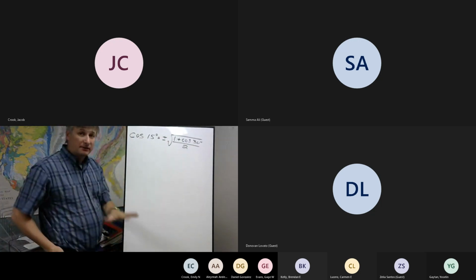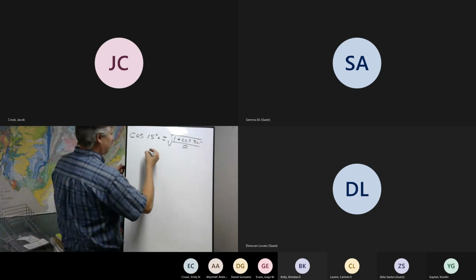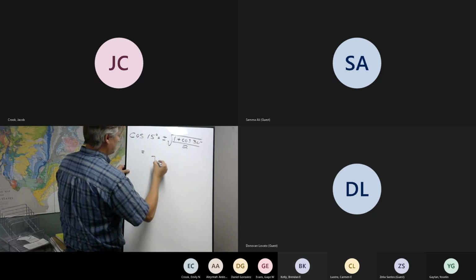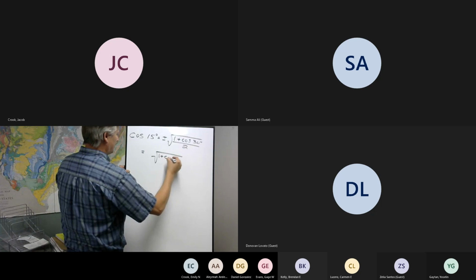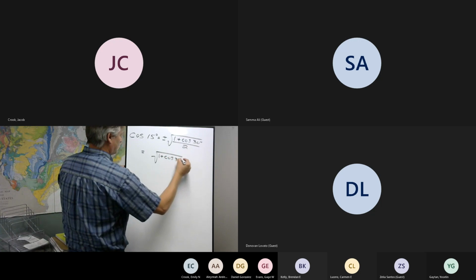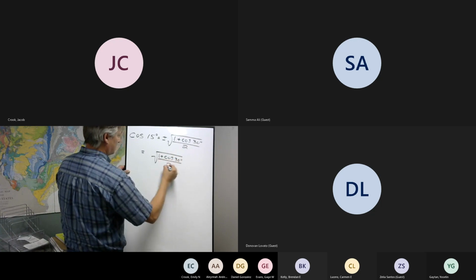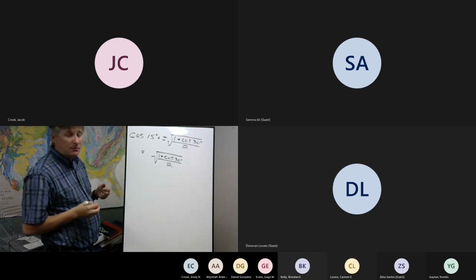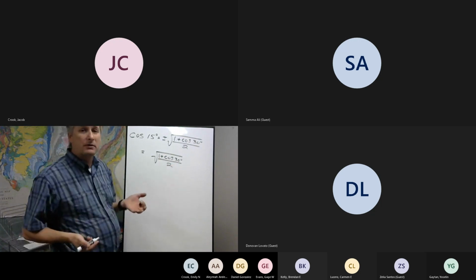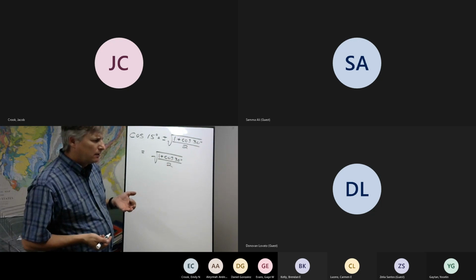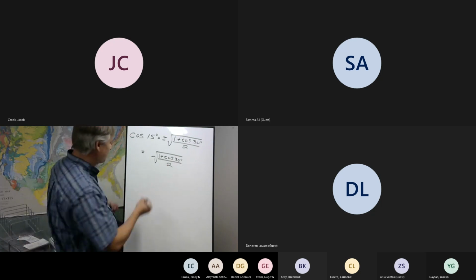Again, if I'm going too fast, let me know. So cosine of 30 degrees. Well, if we look this up on our unit circle, it's the x-coordinate for 30 degrees. And that's rad 3 over 2.